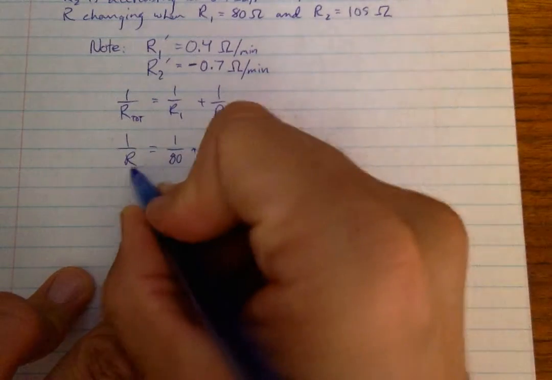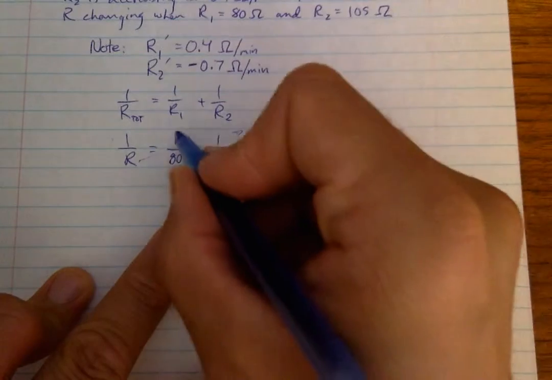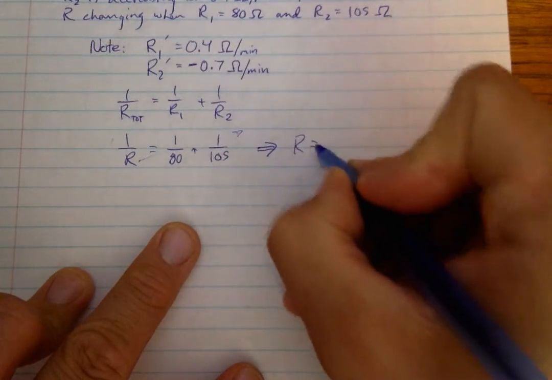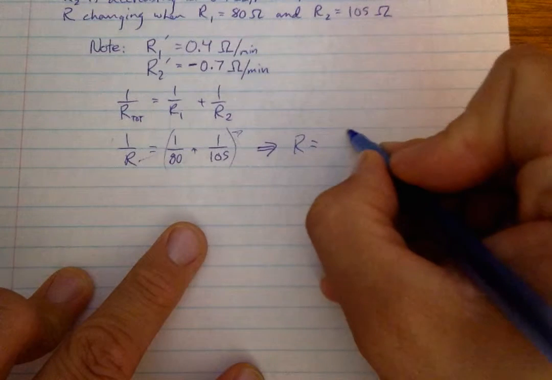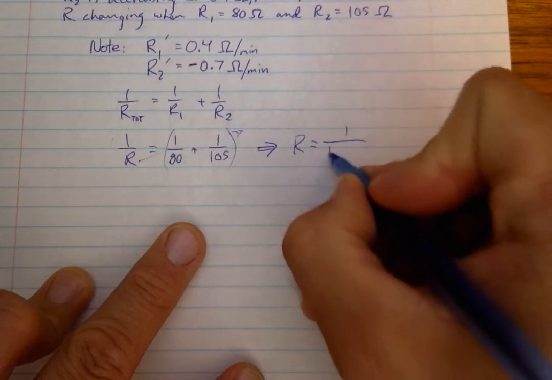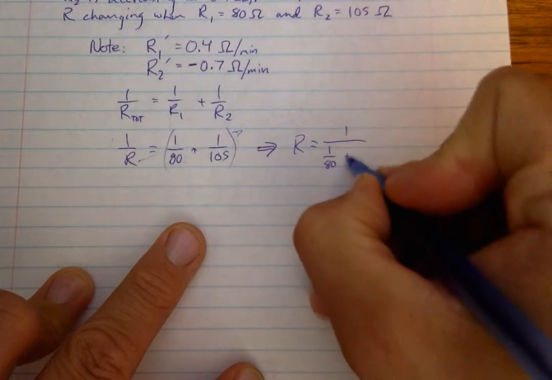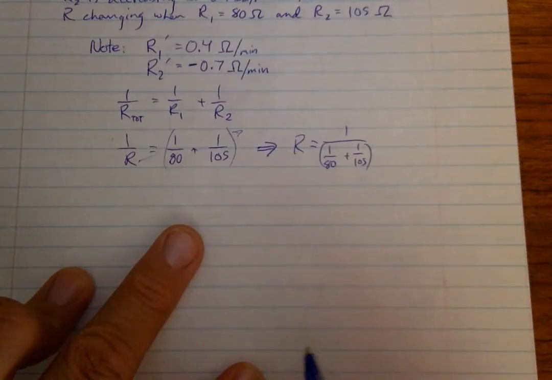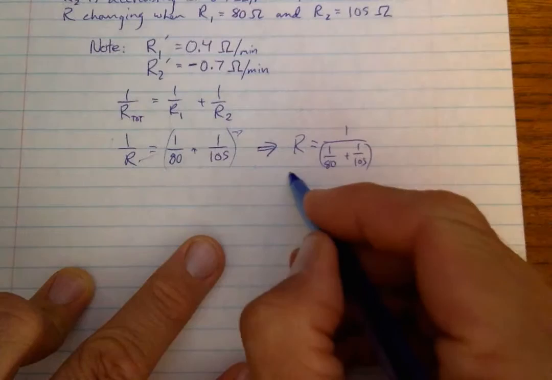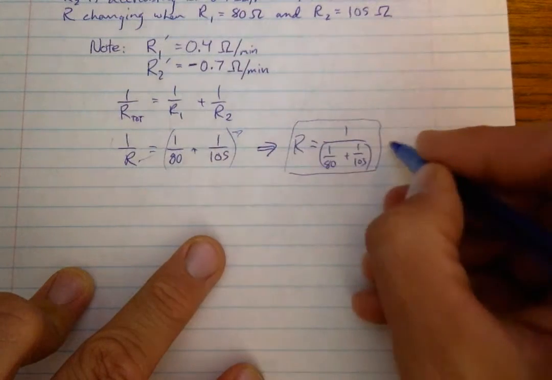So bring R up here. So that's R equals, and then you're going to divide everything by this. So 1 divided by 1 over 80 plus 1 over 105. Now that's really all you need to do. Just plug that into your calculator.